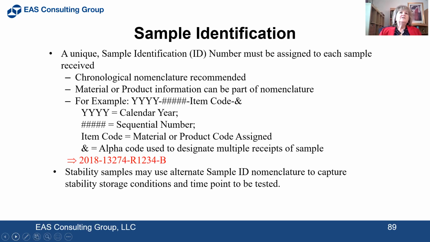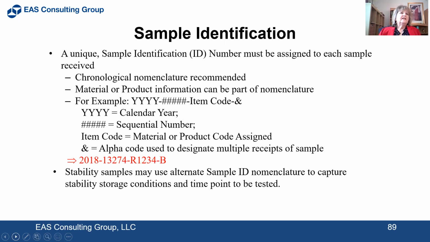So when it's time to identify your sample, you need to assign a unique number to each sample received. Chronological nomenclature is recommended, and these are suggestions. You could have a material or product information be part of your nomenclature. It's nice to have a number that means something when you look at it.